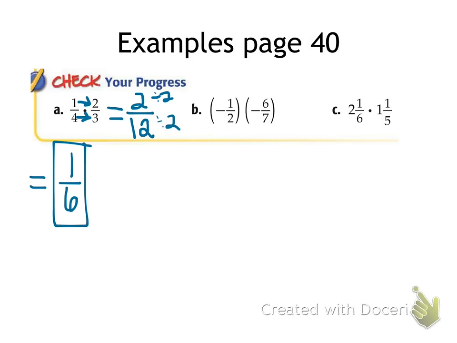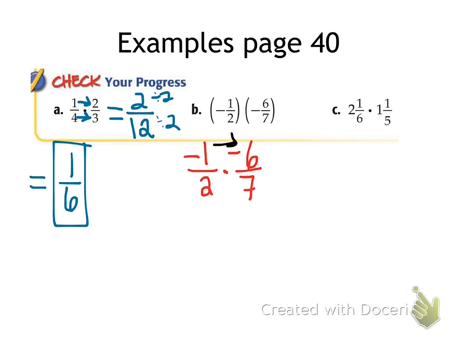For part B, on this one, I want you to write all your negatives in the numerator. So -1/2 times -6/7. That just kind of helps alleviate some confusion about where negatives should go and if the number is negative or if it's not negative. So put it in the numerator and that'll help you out. Alright, first thing is we want to multiply the numerators.